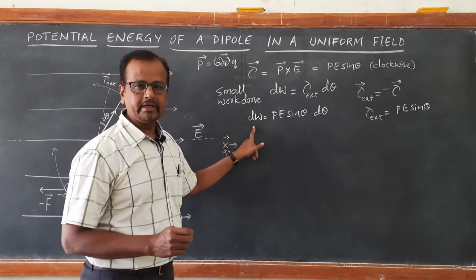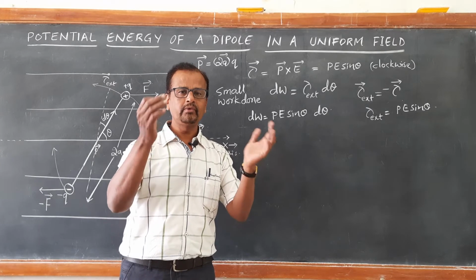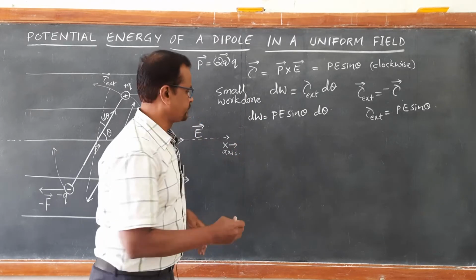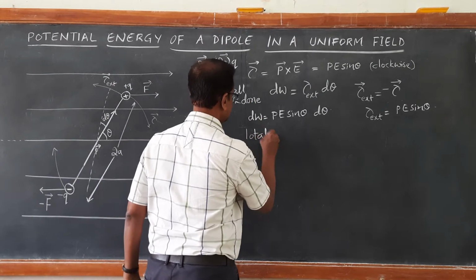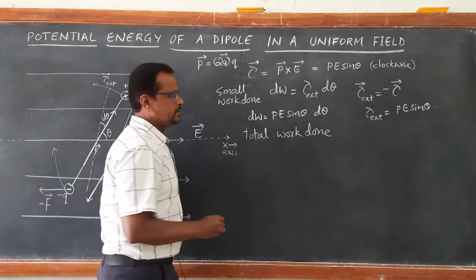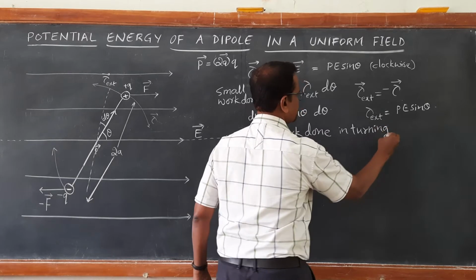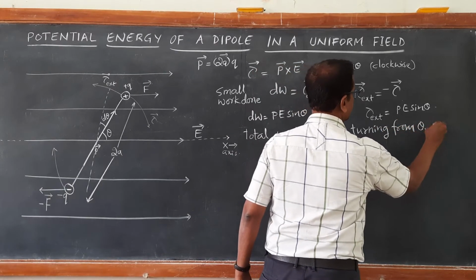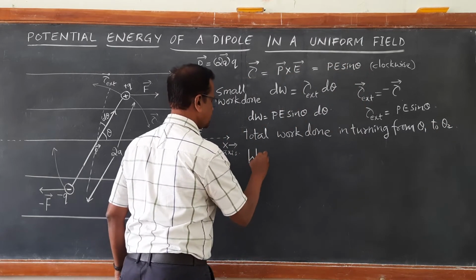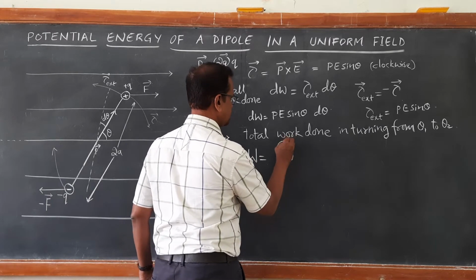Therefore, when we calculate the total work done in turning the dipole from theta 1 to theta 2, we have to integrate from theta 1 to theta 2 to get the total work done. So, the total work done in turning from theta 1 to theta 2, we write as total work done W is equal to the integration of dW from theta 1 to theta 2.